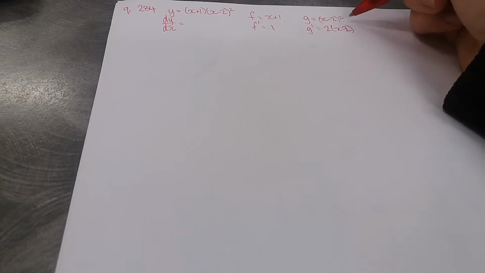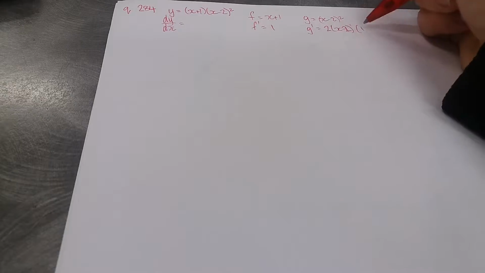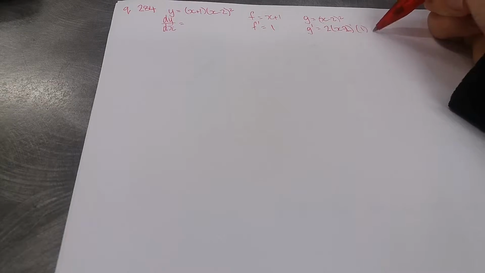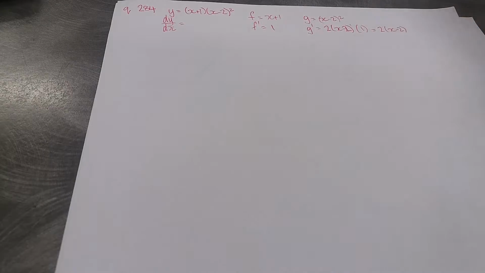and then subtract 1 from the power, so that's just the power of 1, and then we're multiplying it by the derivative, which is 1. So that ends up being 2 times x minus 2.